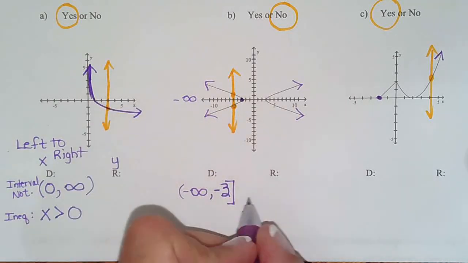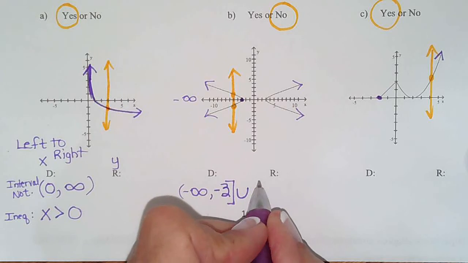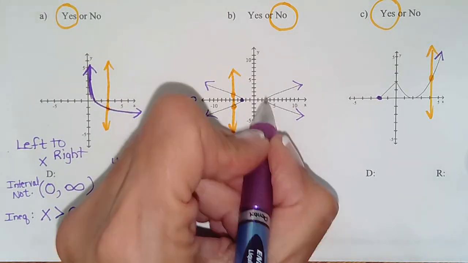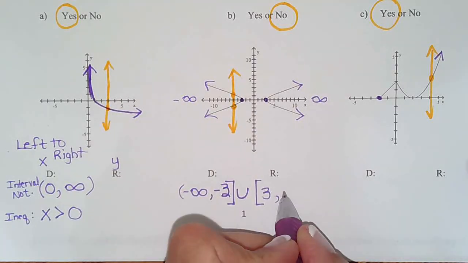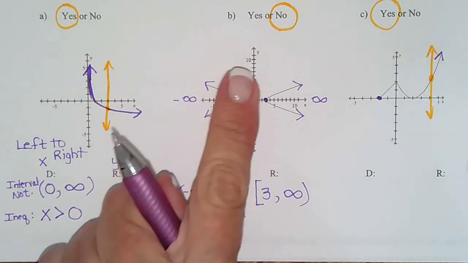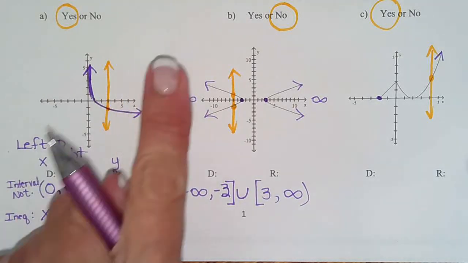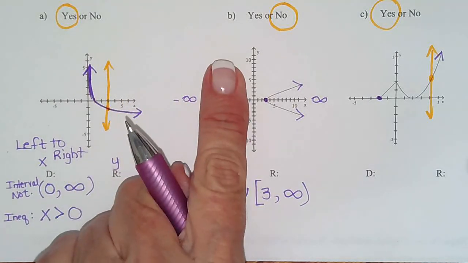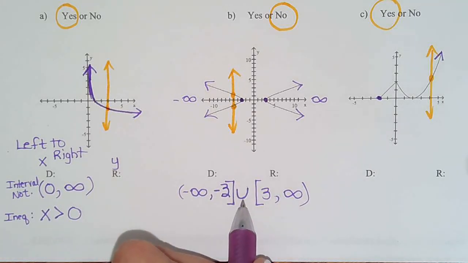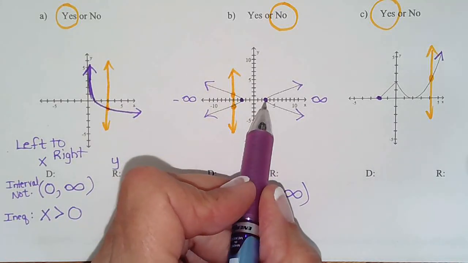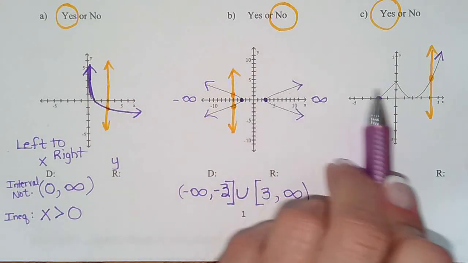It is an actual point on the graph at negative 3, 0. And then there's a gap, so we write a U. And then it picks up at positive 3, where it's an actual point again. And it goes to positive infinity. So this one has 2 intervals. This interval, which we always have to name left to right, negative infinity up to and including negative 3, hence the bracket, united with, just like saying and, 3, another bracket because it's an actual point on the graph, all the way going right to infinity.